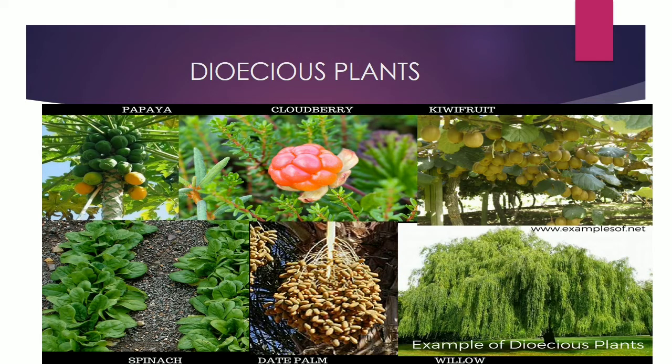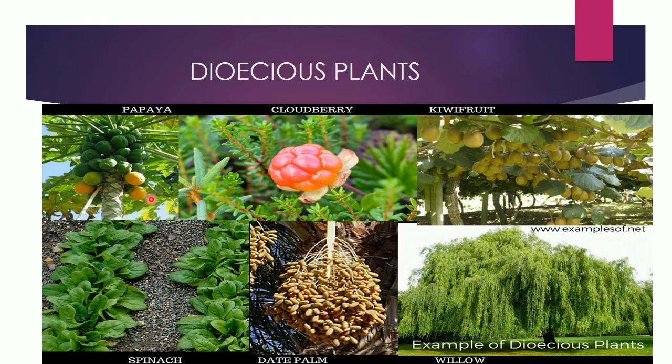Dioecious plants example: papaya. This papaya example is given in your book. Then cloudberry, kiwi fruit, spinach, date palm. These all are examples of dioecious plants. Here male and female plants will be there. Papaya is a very common plant.